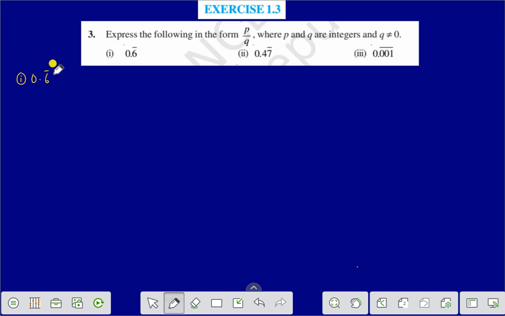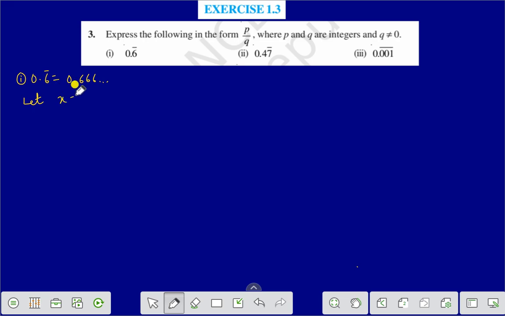That means it is repeating. That means you can write it here as 0.666, it is repeating, therefore I write dot dot dot.